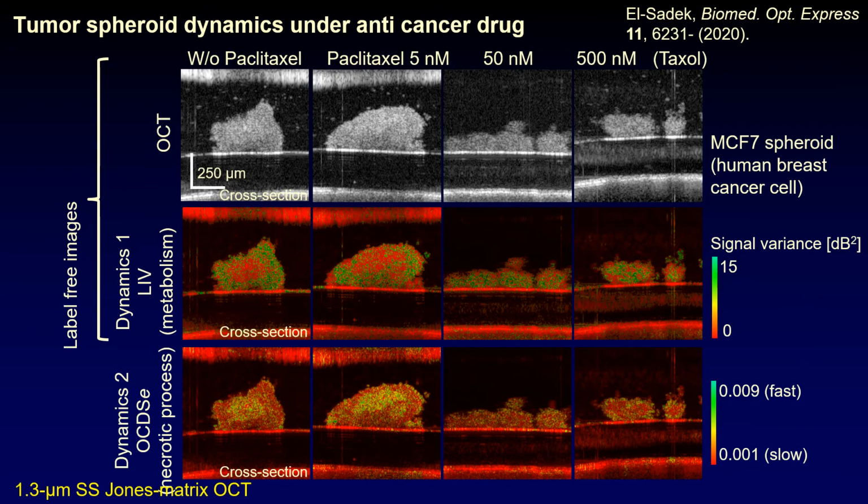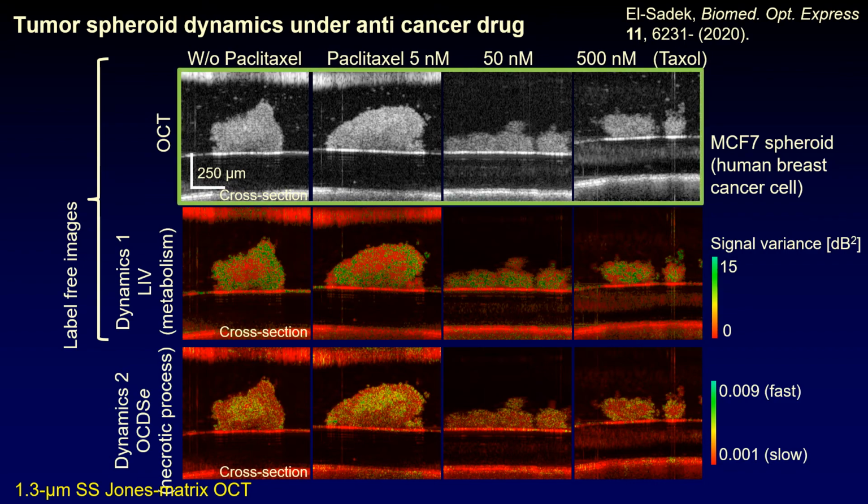We examine the anti-cancer drug response of tumor spheroids by the dynamic OCT imaging. The spheroids of human breast cancer cells were cultured and the anti-cancer drug paclitaxel was applied. In the OCT cross-section, we only see the spheroid morphology and cannot identify the active region of the spheroid.